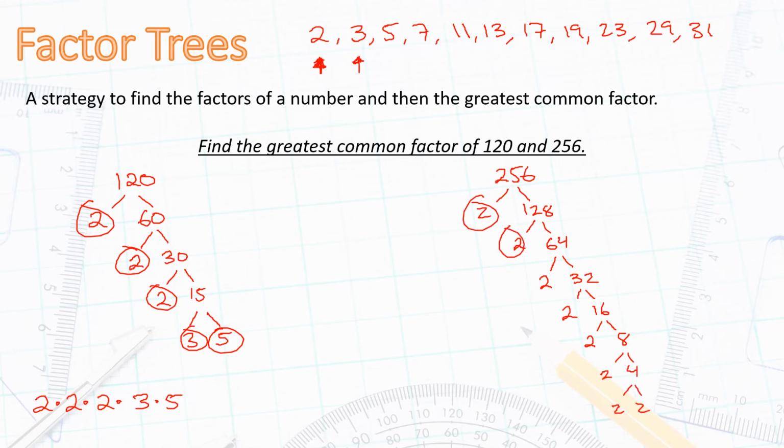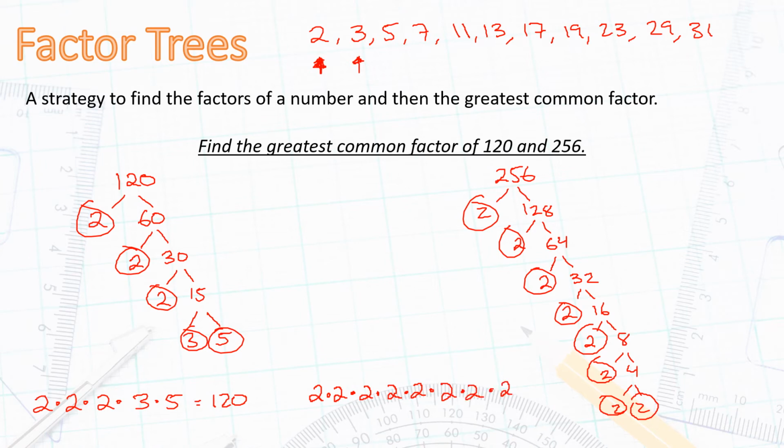So there's a lot of 2's here. So basically 2 to the power of 8 is equal to 256. So I've got 2 times 2 times 2 times 2 times 2 times 2 times 2 times 2, eight 2's, equals 256.